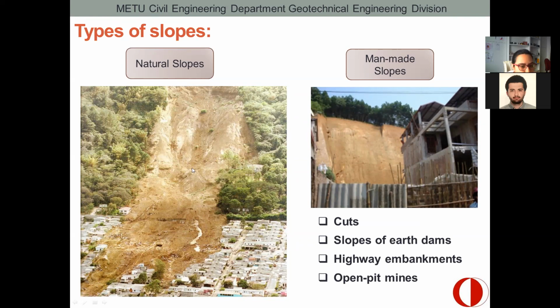So in natural slopes, the slope angle or the slope properties like slope height or any other slope geometry is not designed by the engineers. Okay, so the only thing that we can do for natural slopes is we can calculate their stability.